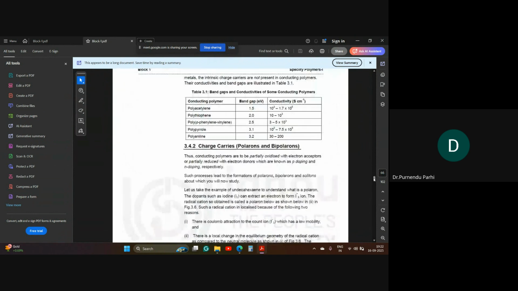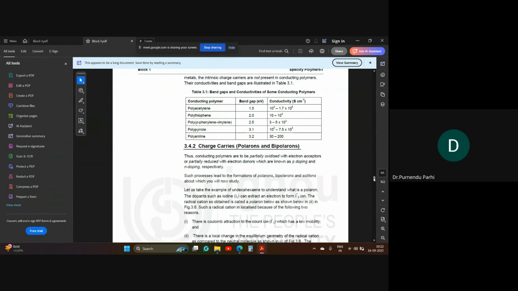For example, polyacetylene, the band gap is 1.5 electron volt. Its conductivity is expressed in Siemens per centimeter. Then polythiophene, polyparaphenylene vinylene, polypyrrole, polyaniline, its band gap as well as conductivity has been given.